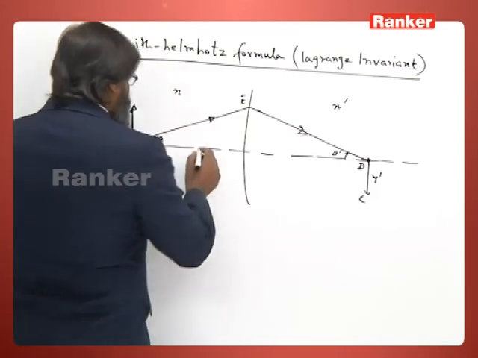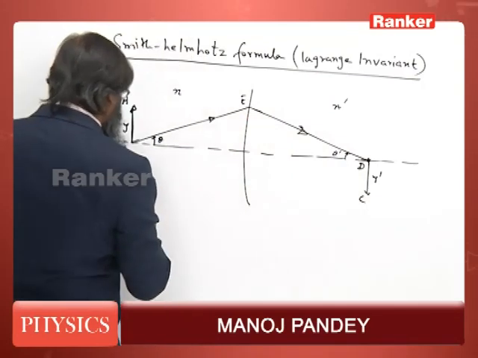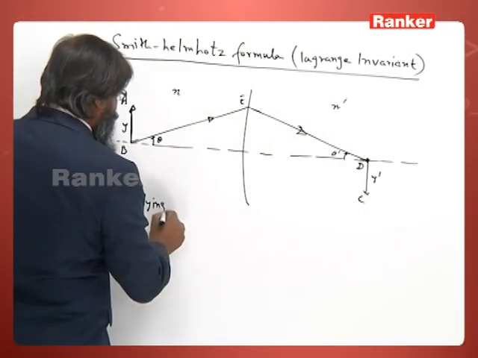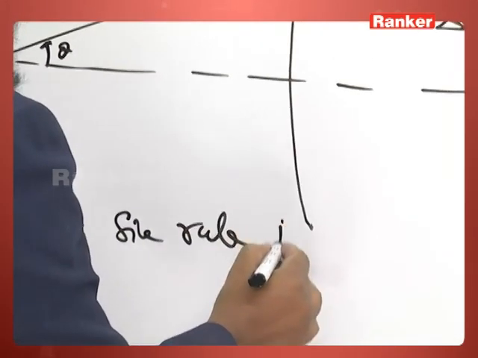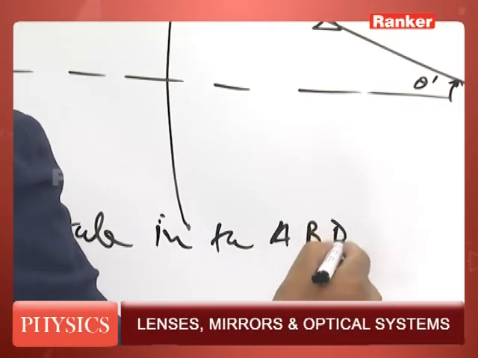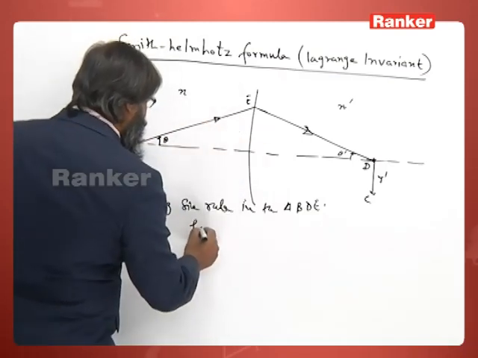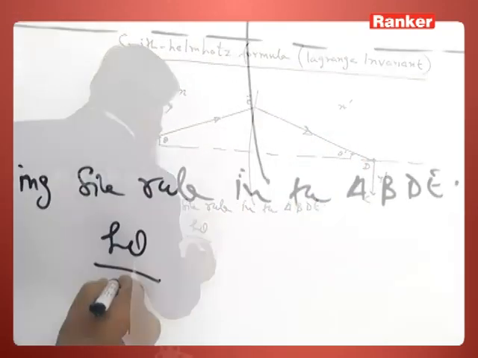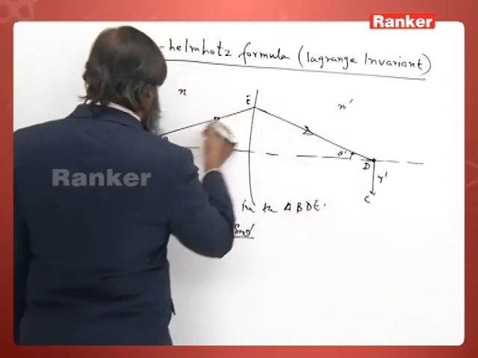Then let us consider this triangle and apply the sine rule in the triangle BDE. So, sine theta by ED is equal to sine theta dash by BE.